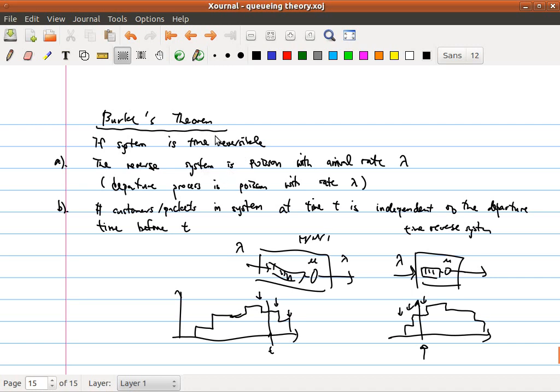So basically what Burke's theorem is saying is that if the system is time reversible, then the following will be true. First, the reverse system will be Poisson with an arrival rate lambda, or in other words, the original system will have a departure process that is Poisson with rate lambda.